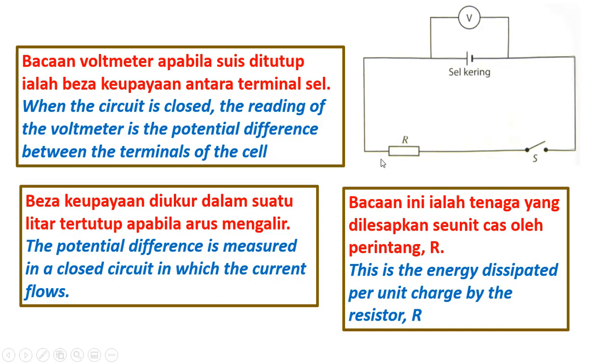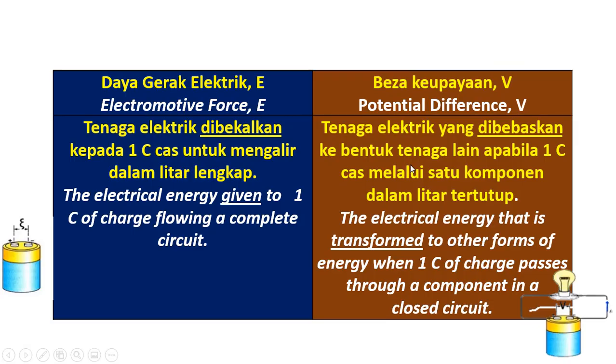Alright, so the energy dissipated per unit charge is used by the resistance R. So this value is obtained from the reading of the potential difference between the terminals of the cell. Okay, now look at the difference between the electromotive force E and potential difference V.